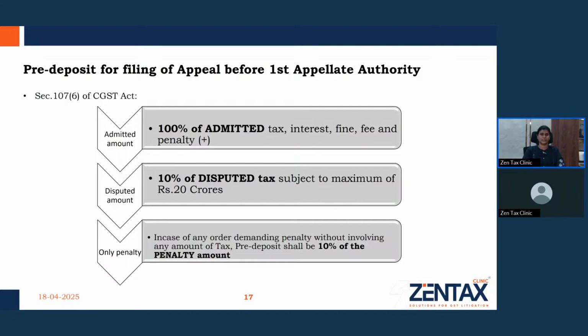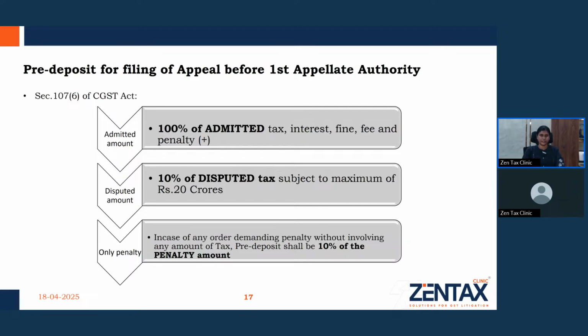For example, if we have a total of 5 issues in the order and we are admitting 2 issues and disputing the other 3 issues, then with respect to the 2 issues, we need to pay 100% of the tax amount, interest and penalty. And for the balance disputed amount, 10% of the disputed tax should be paid as pre-deposit. However, there is a maximum limit of 20 crores.